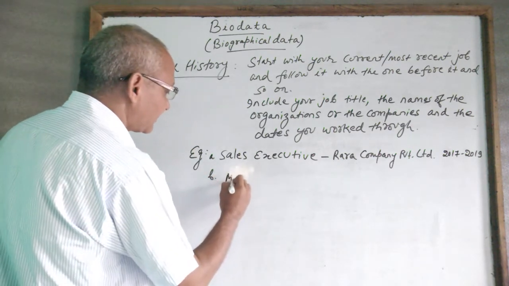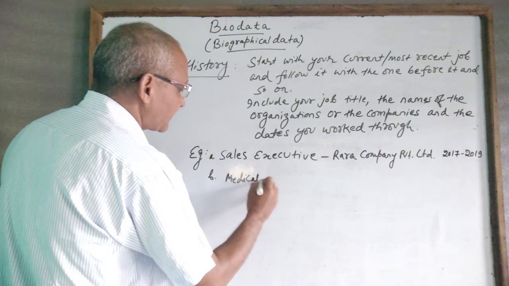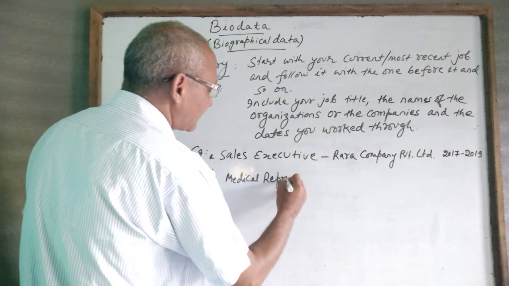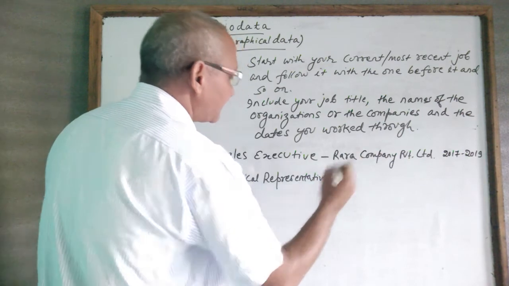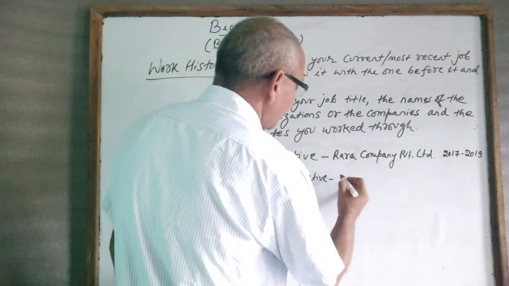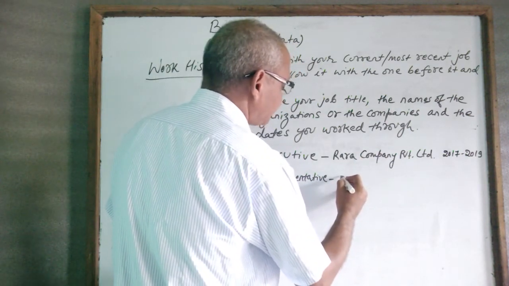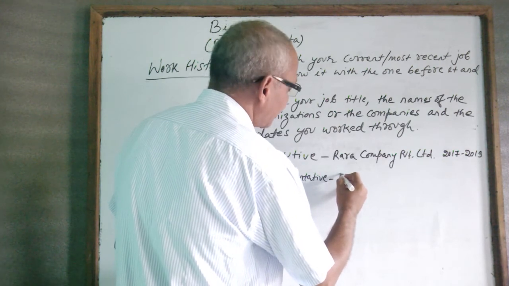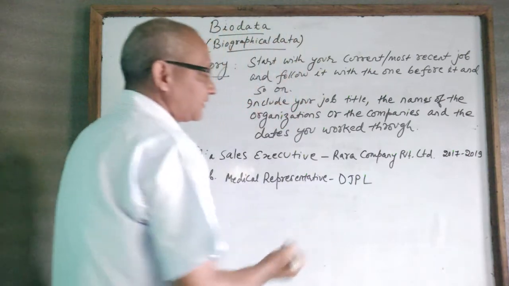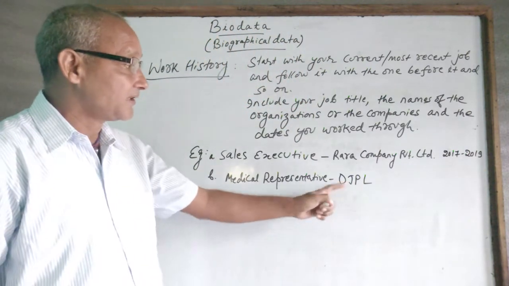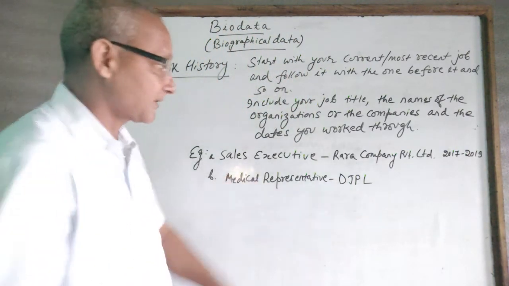Number B, before this, where was I? Okay, I was working as a medical representative. Okay, fine. Medical representative. Let's say DJPL. Okay, DJPL. This is Devreli Janta Pharmaceuticals Limited.